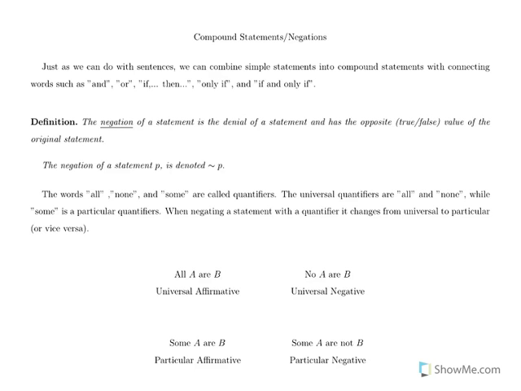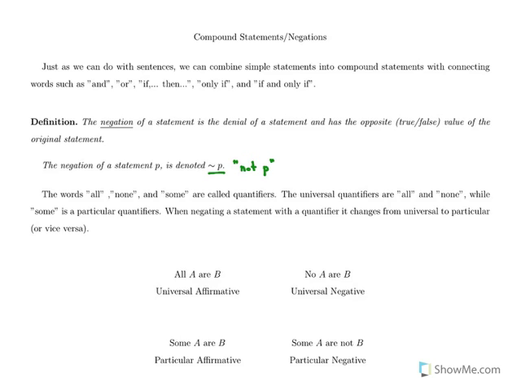So if the original statement is true, the negation is false and vice versa. We denote the negation with a little tilde, a little approximate sign. So P and not P, not P, the negation of P.